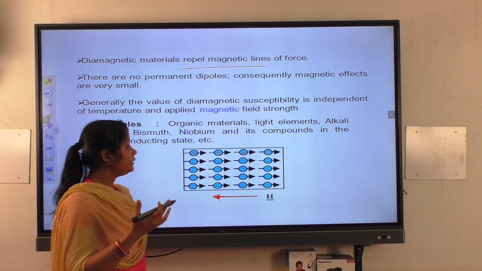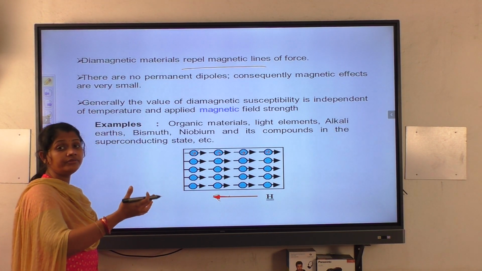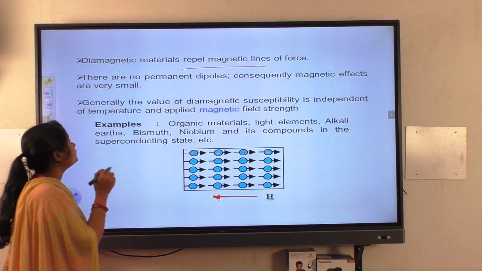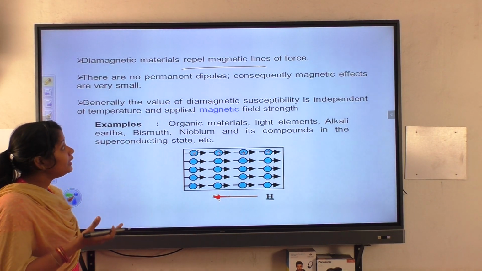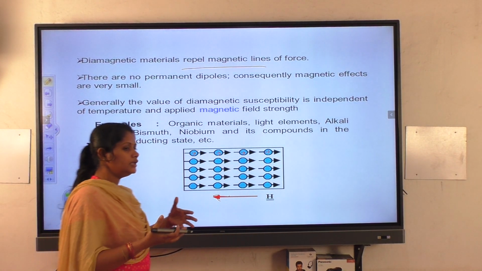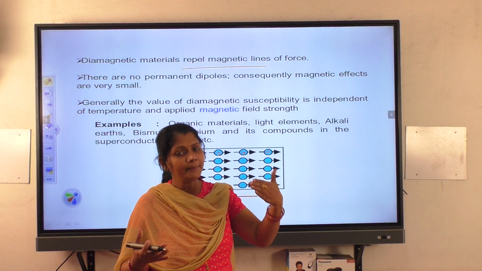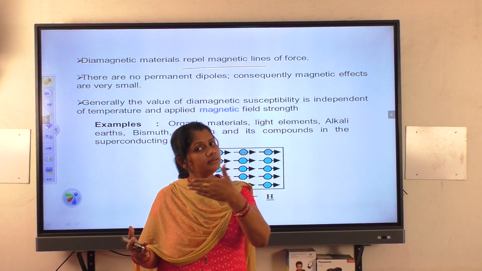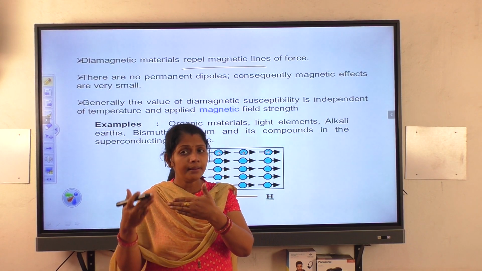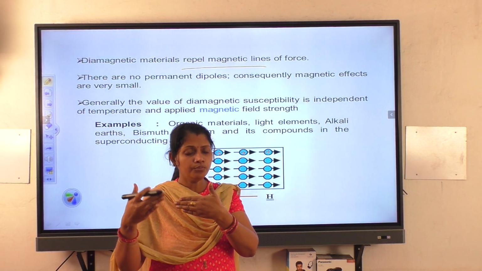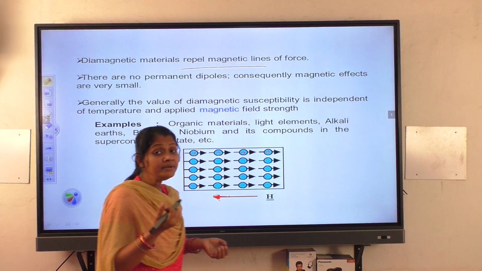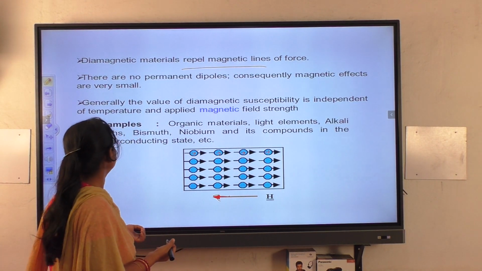This is called the diamagnetism property of a magnetic material. Diamagnetic materials repel magnetic lines of force. If the magnetic lines of force move in this direction, then the diamagnetic material moves in the opposite direction. That is the basic property of a diamagnetic material.